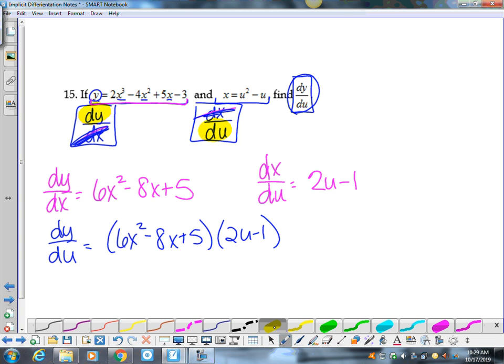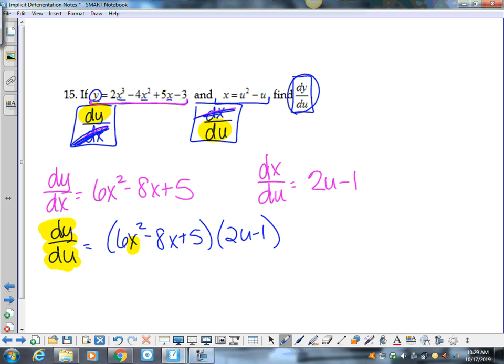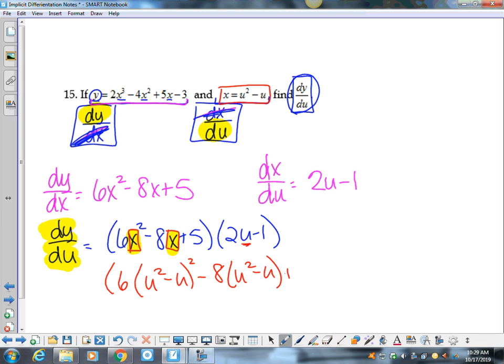If I want dy du, I can't have x's in my answer. I can have that u, but I can't have these. So I need something that puts x in terms of u, and that's this right here. So I'm going to have 6 times (u squared minus u) squared minus 8 times (u squared minus u) plus 5, times 2u minus 1.